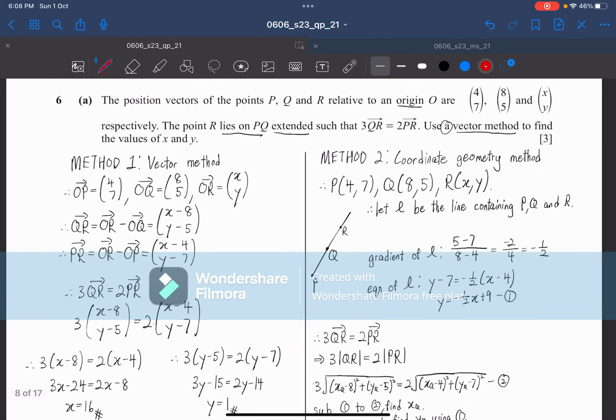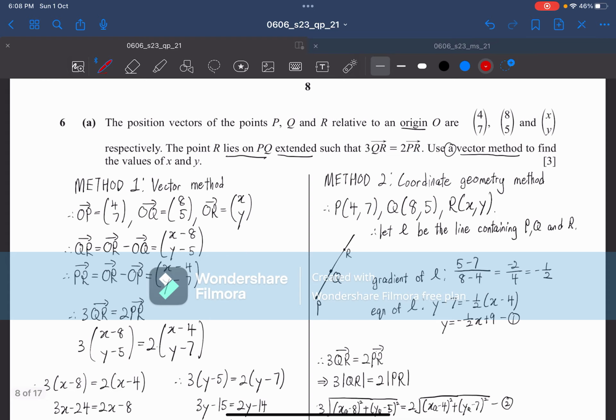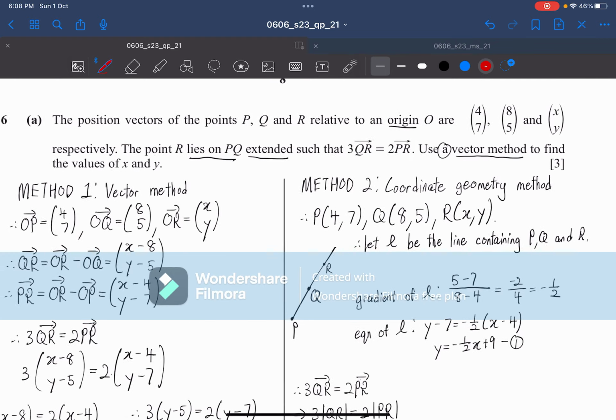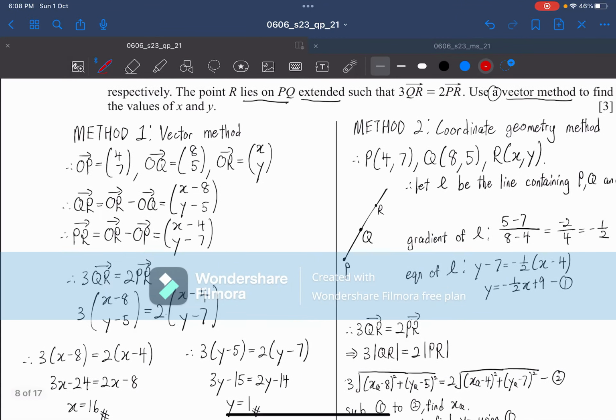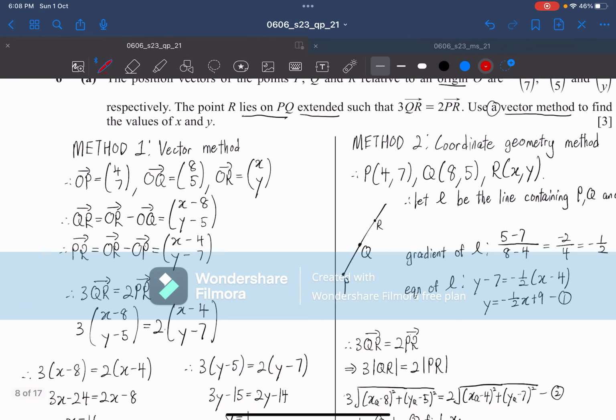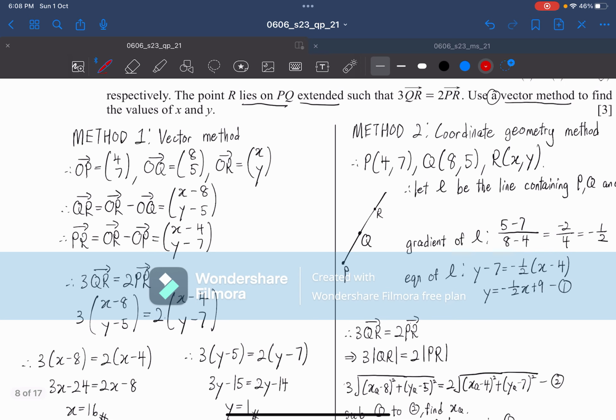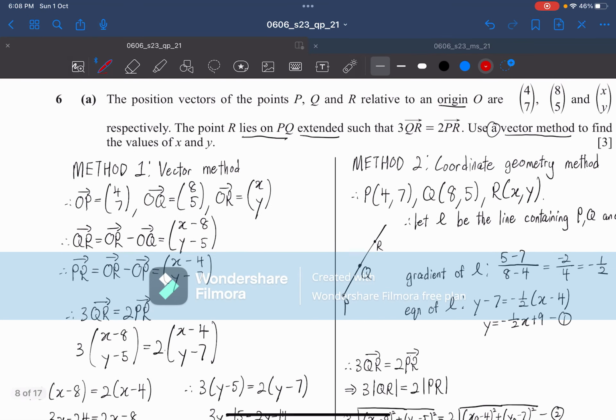So we'll go through the method that they want us to use, which is the vector method, to find the values of x and y. So method 1, I use the vector method, where you find what QR and PR are, the vectors of QR and PR, and you found that they are these two values right here, and you are given that 3QR equals 2PR.